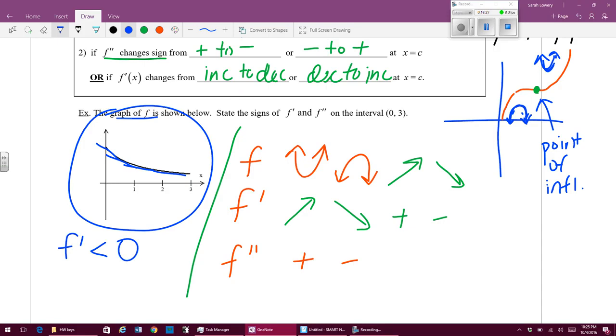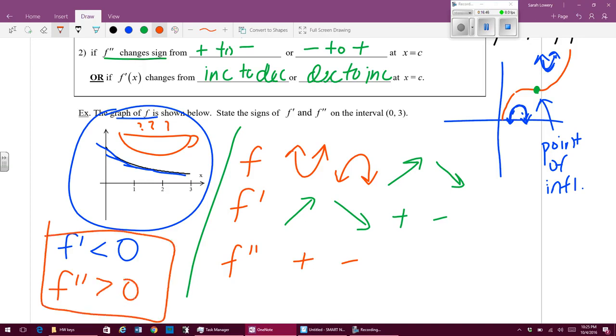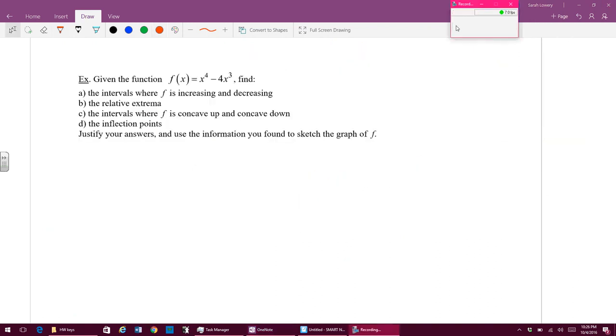The next thing I noticed is that it has a bowl shape that's kind of concave up like a cup. So therefore, if it's concave up, that tells me that my second derivative must be positive. And now I've established the signs of both my first and second derivative.